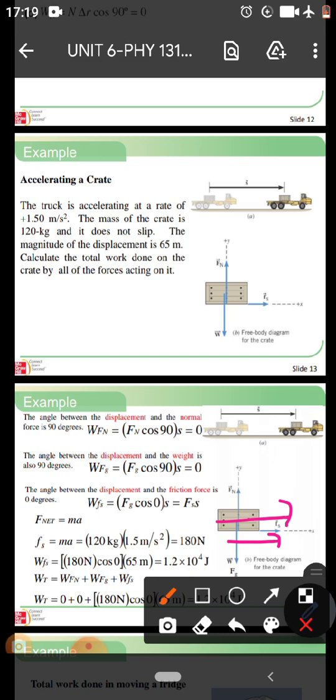So the angle between the two is 0. That's why we have this, because cos 0 is 1.